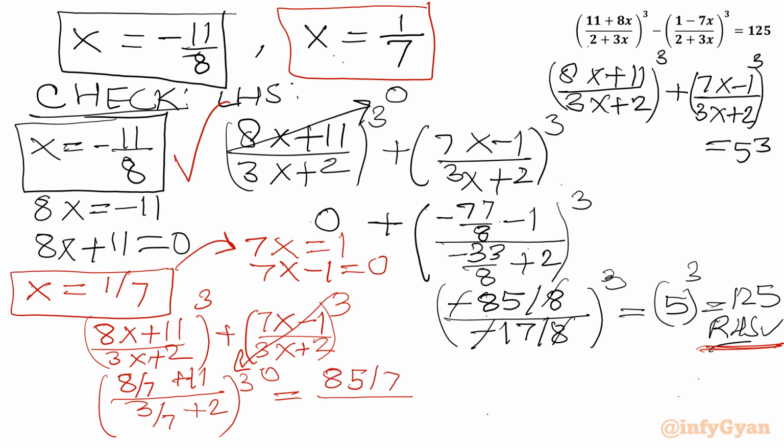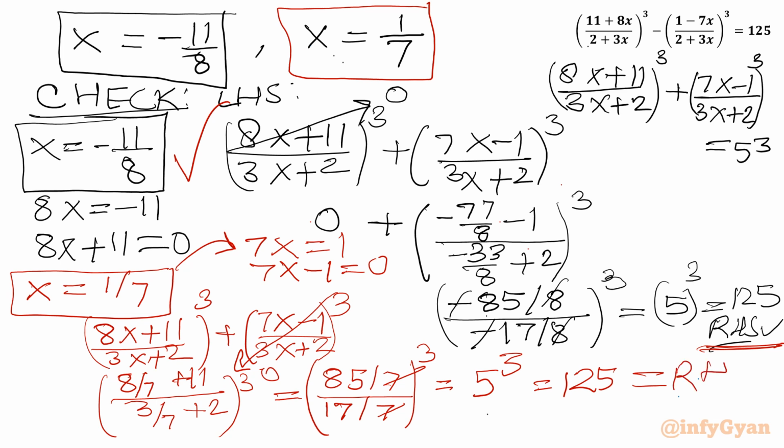This is our numerator. Denominator is 3 plus 14, 17 over 7 whole cube. Now 7 will cancel. 17 times 5 is 85. So 5 cube, which is equal to 125, which is equal to RHS. Hence this is also verified.